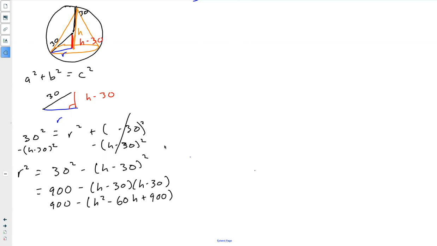You can go ahead and distribute that negative in there. So it's equal to 900 minus h squared plus 60h minus 900. Those cancel. And then we are left with r squared is equal to negative h squared plus 60h.